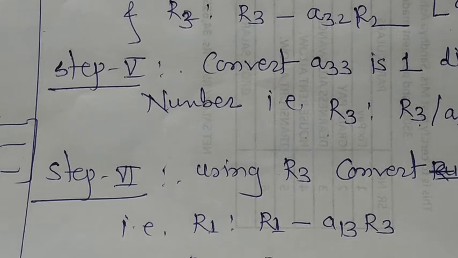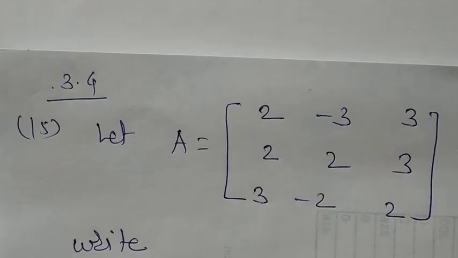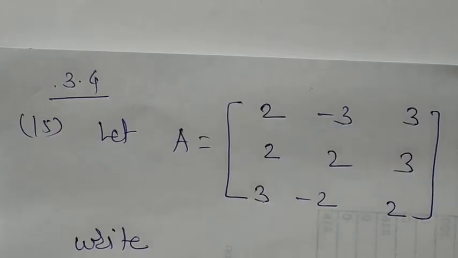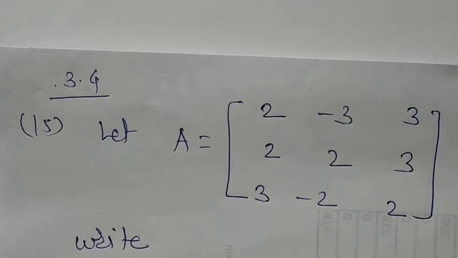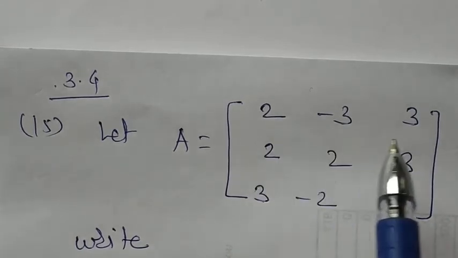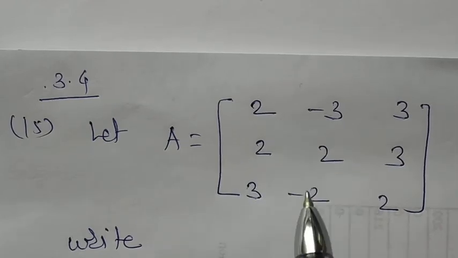We will take one example and go through all 6 steps one by one. So let's take the first example: A equals the matrix [2 -3 3; 2 2 3; 3 -2 2].